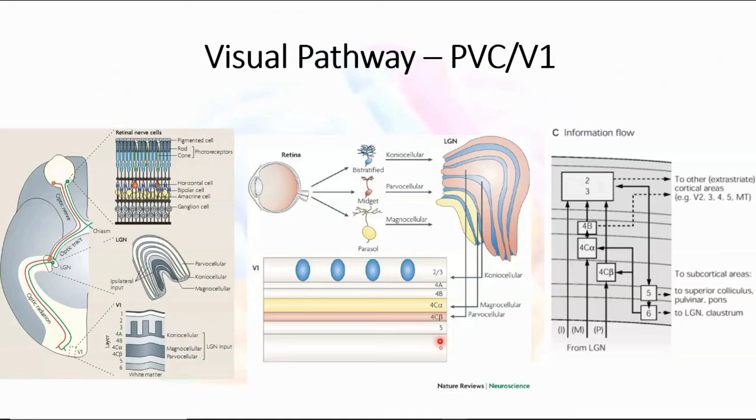Spiny stellate cells are excitatory cells that receive and process input signals from the magnocellular and parvocellular layers of the LGN. Smooth stellate cells are inhibitory cells that process input signals locally within V1 cells. Pyramidal cells provide output from V1 to other cortical areas and subcortical structures. These cells can be found in layers 2, 3, 4B, 5, and 6.